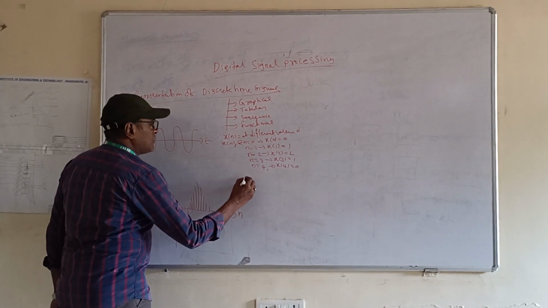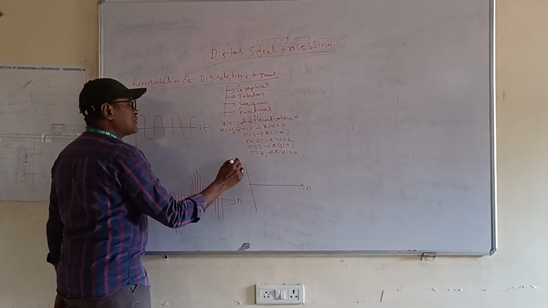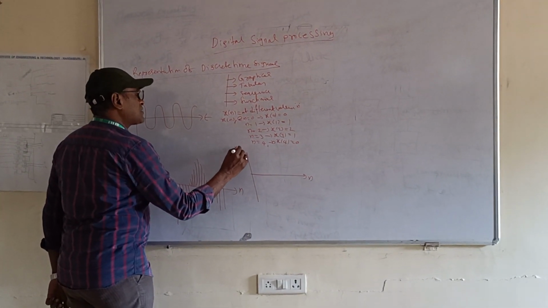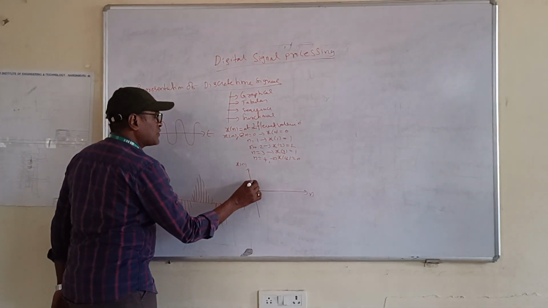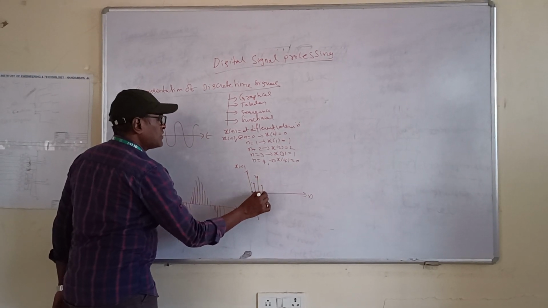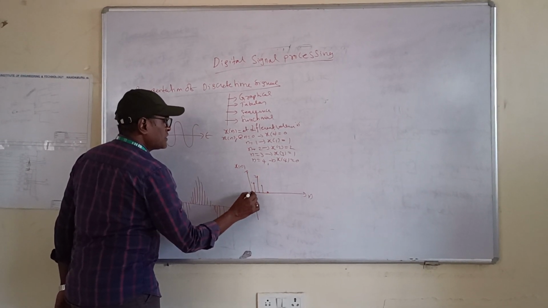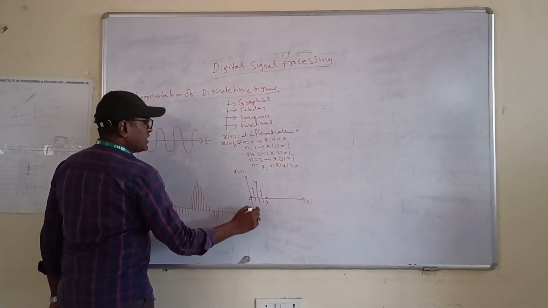Then the graphical representation for these different values of n, x of n is: this is 0, this is 1, this is 2, this is 1, this is 0, for n equal to 0, 1, 2, 3, 4. It is a graphical representation.